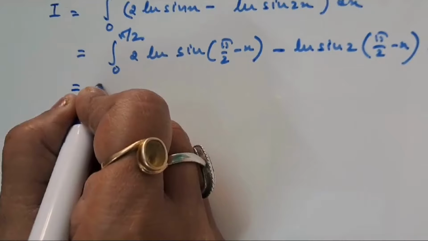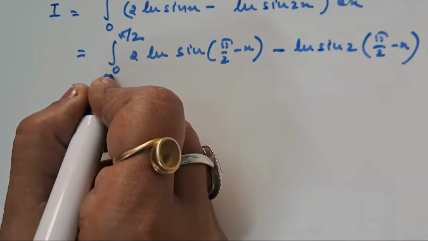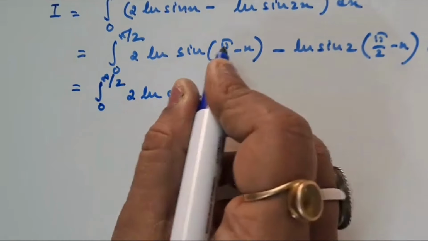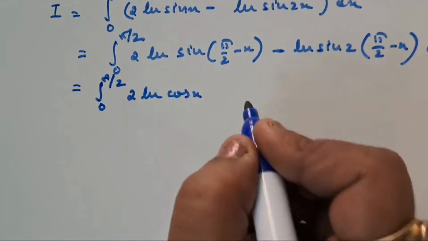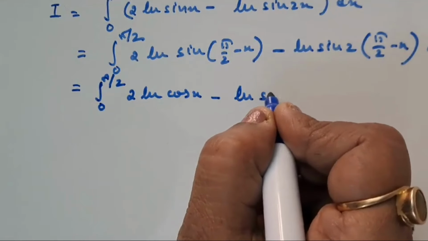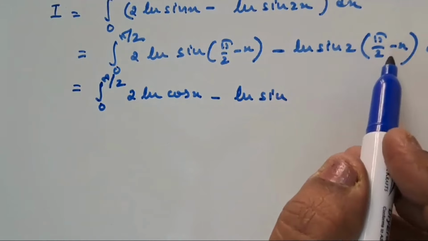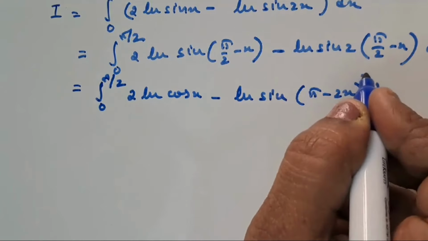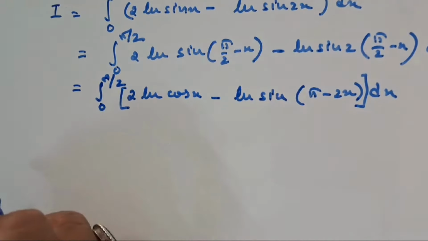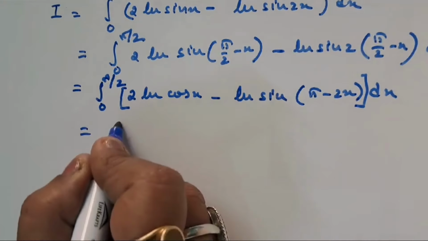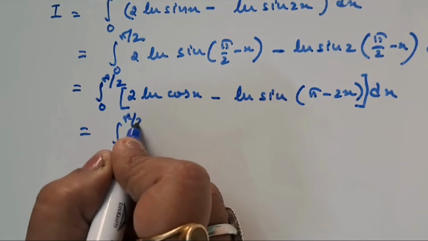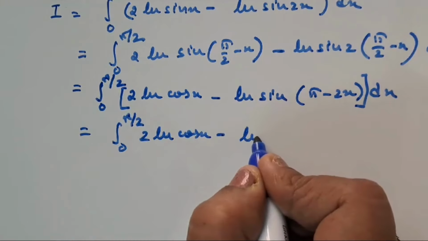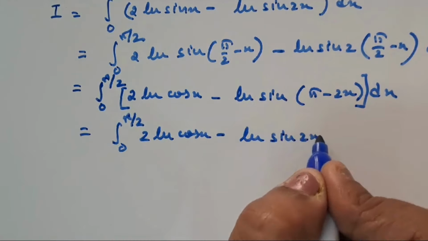Now this part becomes, from 0 to pi by 2, ln of cos x, because sin of (pi by 2 minus x) is cos x, minus ln of sin of, now if you take this 2 inside, it becomes pi minus 2x. Now we know that sin of (pi minus 2x) is equal to sin 2x only. So 0 to pi by 2, this is ln of cos x minus ln of sin 2x dx.